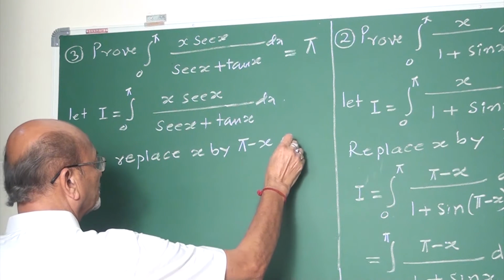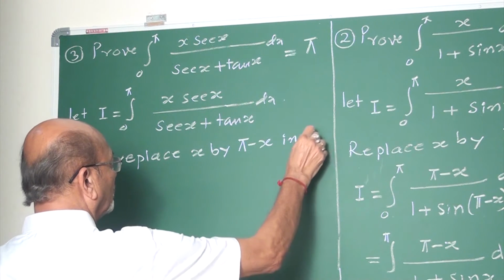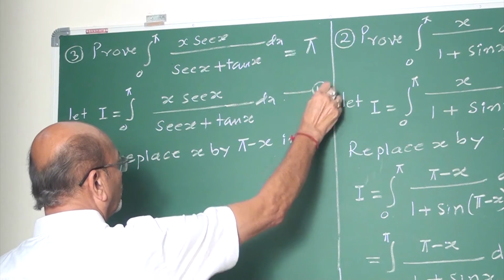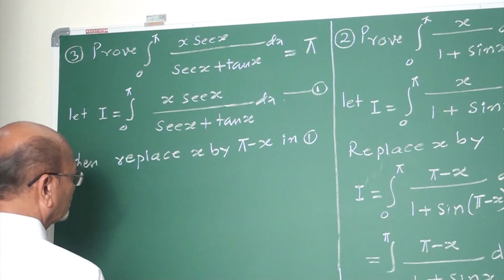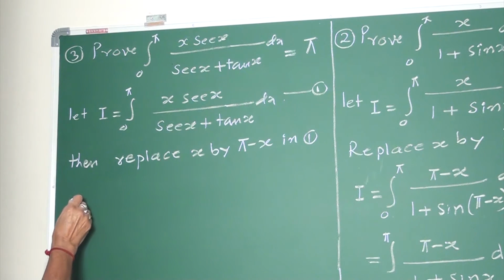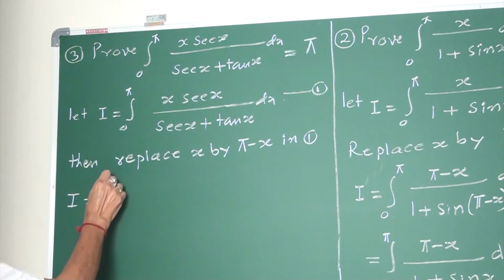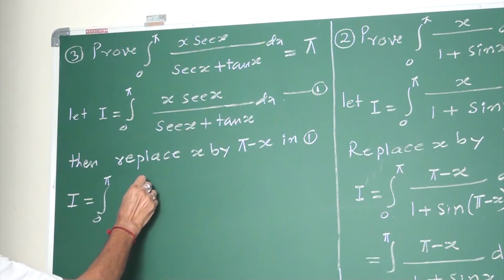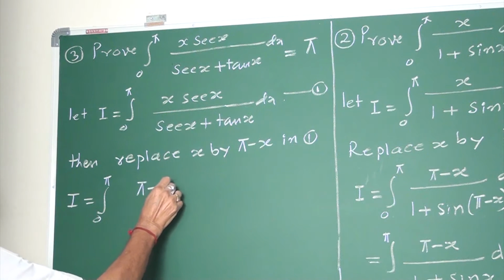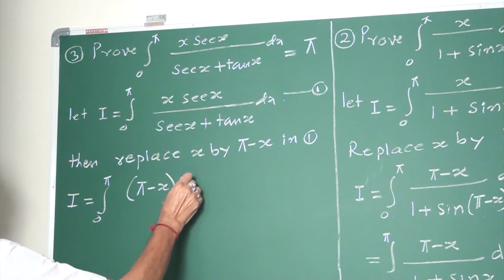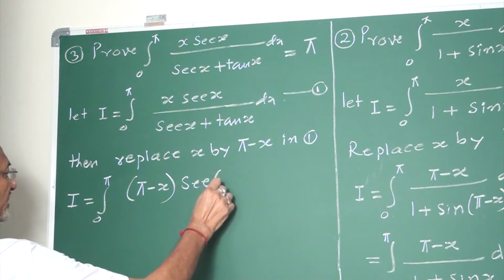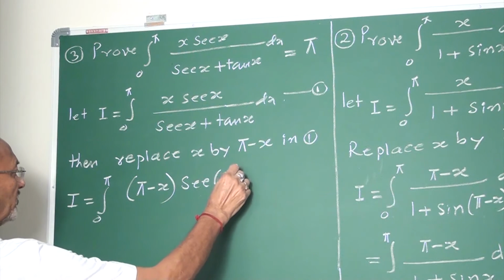Pi minus x in 1. Where is 1? This is 1, my friend. Yes, you get I equal to integral 0 to pi. X you are replacing by pi minus x. Then sec x you are replacing by sec of pi minus x.